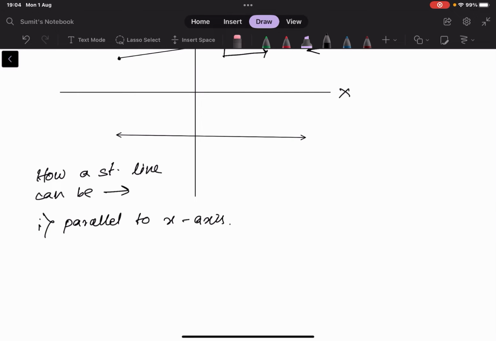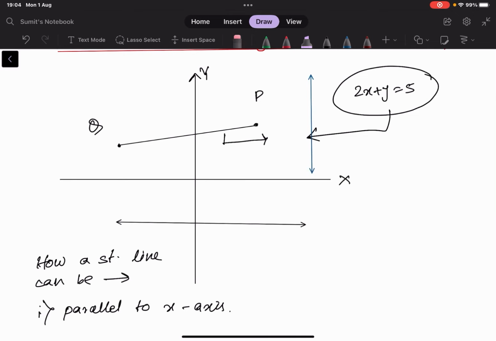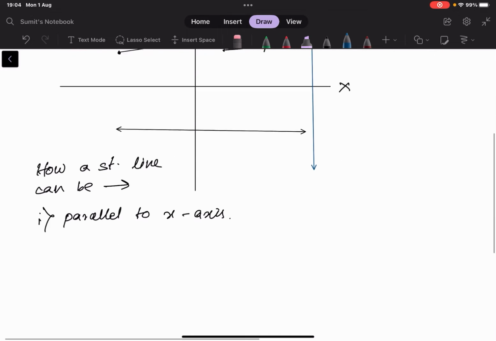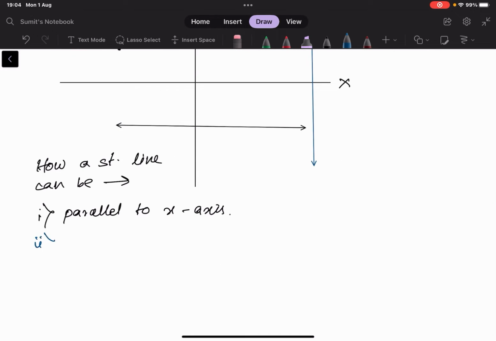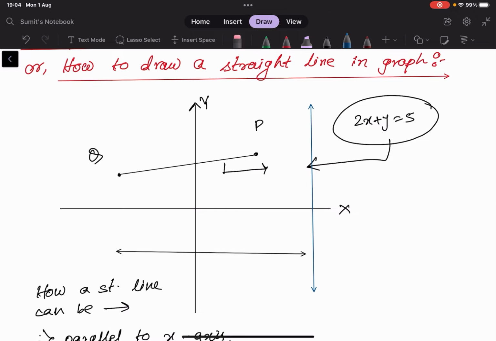Again, a straight line can be in the form of like this, parallel to the y-axis. So number two, it can be parallel to the y-axis.